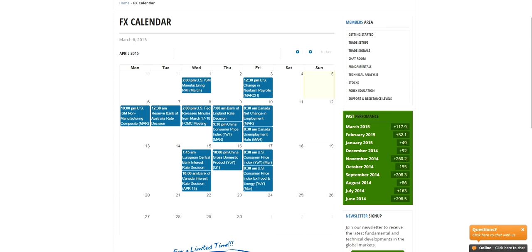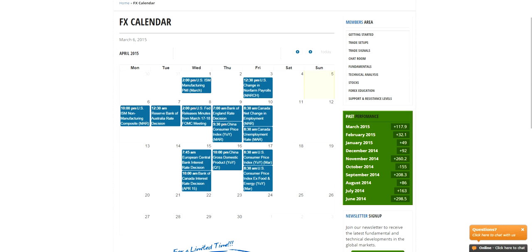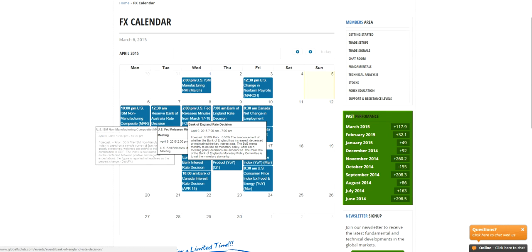Then on Wednesday we have the FOMC minutes of the last meeting. Thursday, a big one for the UK. That is the Bank of England rate decision. Very similar to that of the RBA, rates are expected to remain the same.